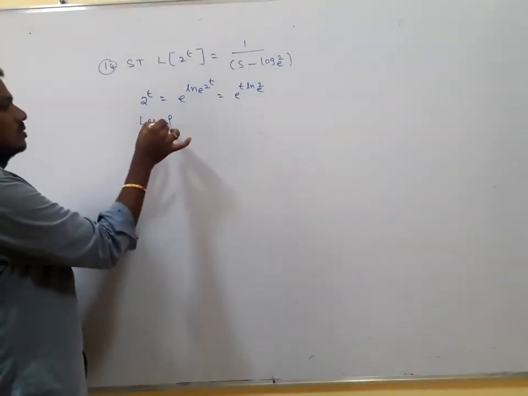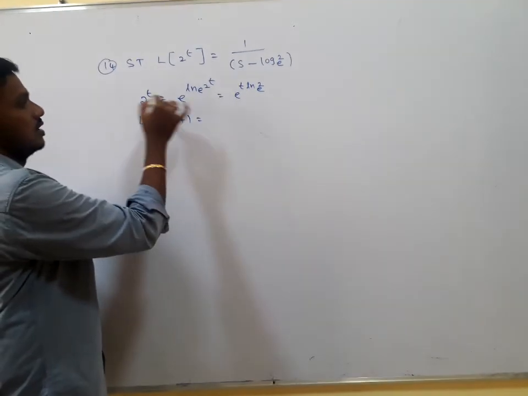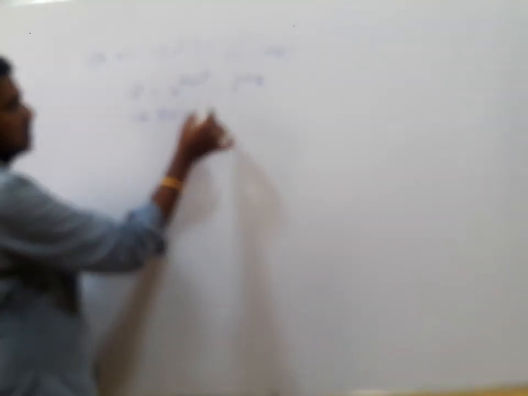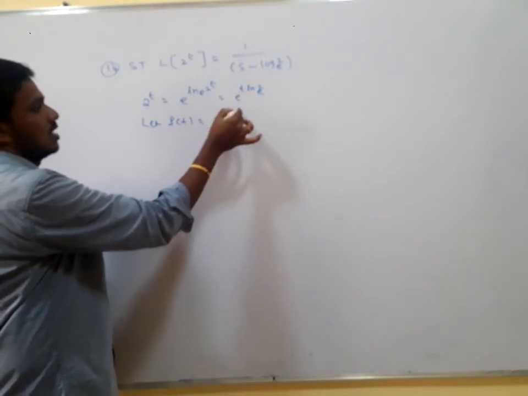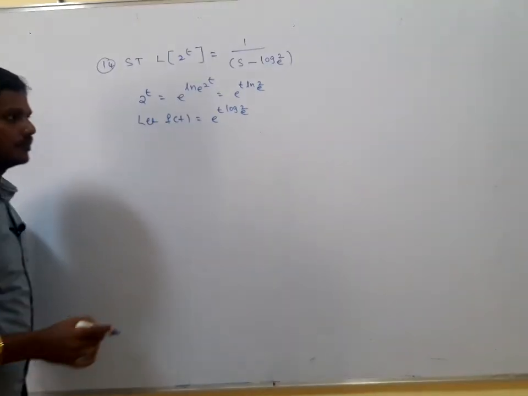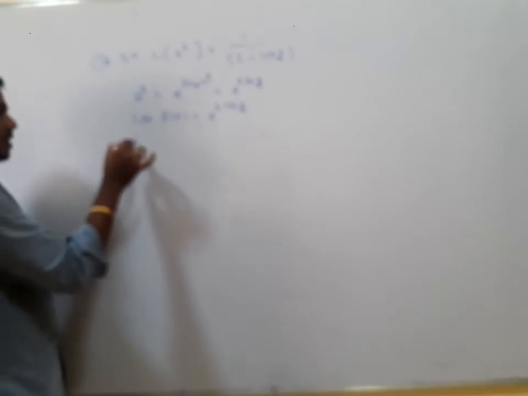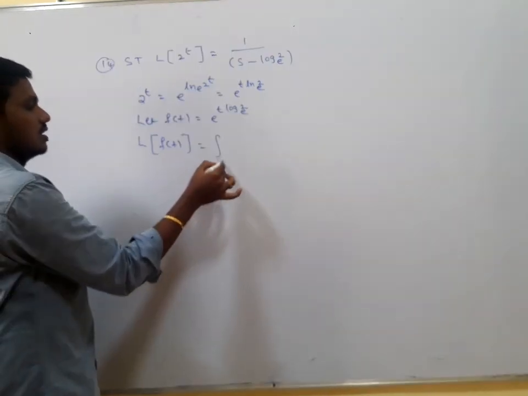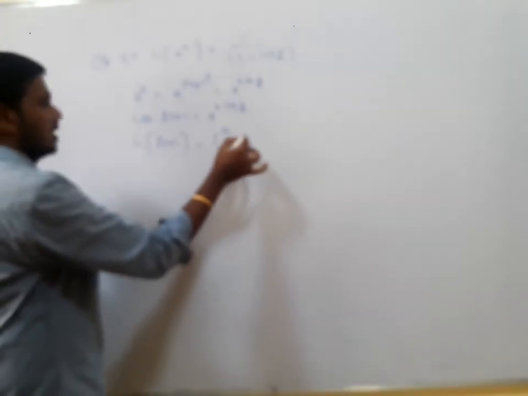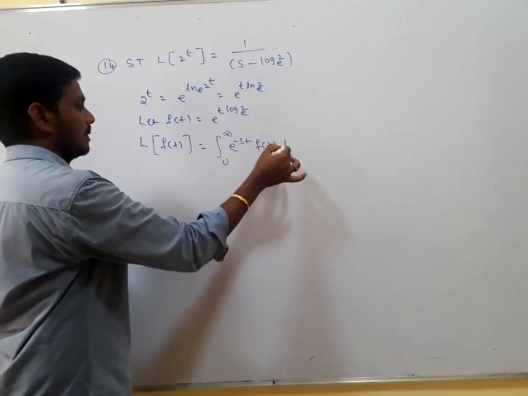Is it clear? Let f of t be 2 to the power of t, which is the same as e to the power of t into ln 2 to the base e. Now I go for the definition. Laplace transform of f of t is equal to the integral from 0 to infinity of e to the power of minus st f of t dt.